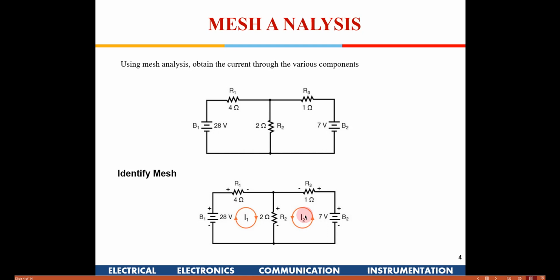But finally, it might so happen that the current I2 might be negative, and there could be some current going into this battery. That is also possible, because just by seeing this circuit I can say that the 28 volt battery is at a much higher potential, so finally I2 could be negative here. Okay, so there is a possibility.